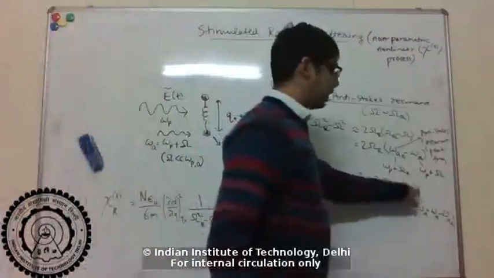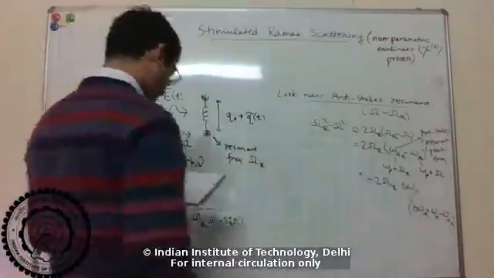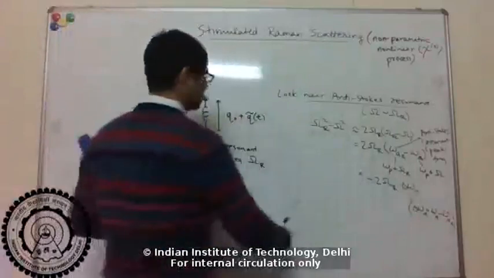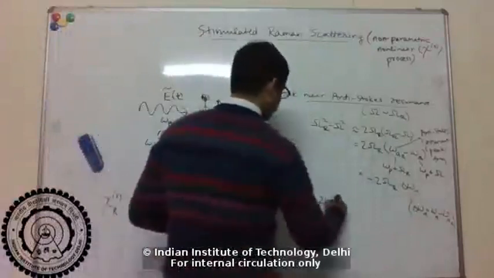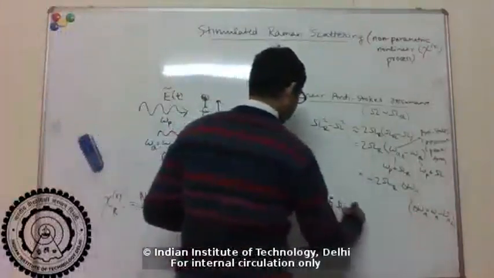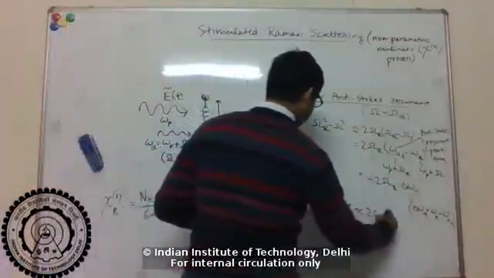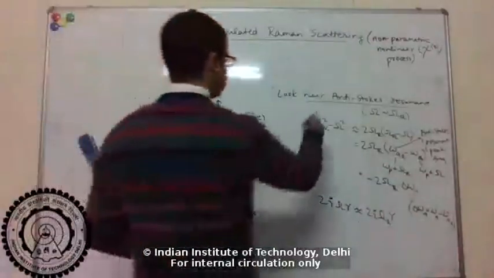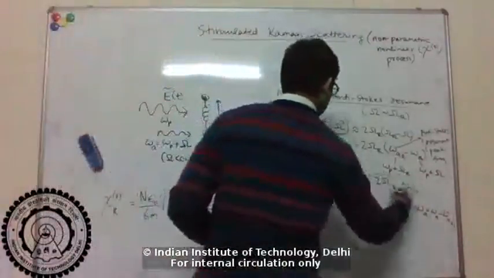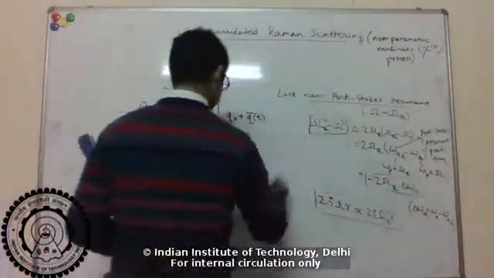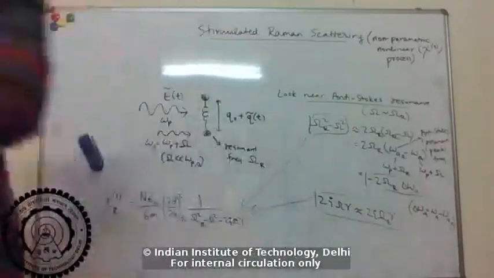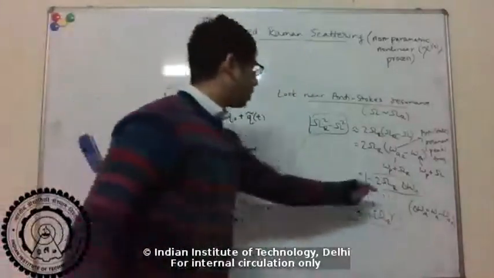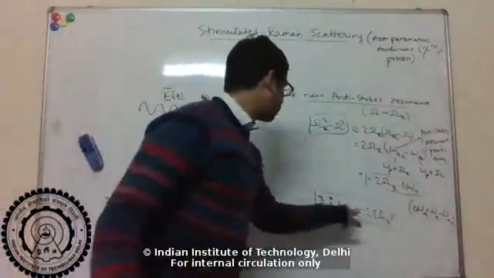For Stokes we just had delta omega S. Right, and again this 2i omega gamma is approximated as 2i omega r gamma. So we substitute again this and this into here. Again, same thing, we get 2 omega r common, and then a factor of delta omega A plus i gamma.